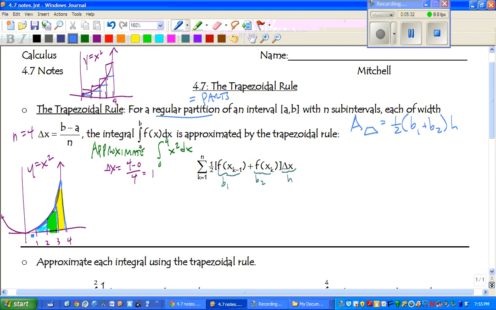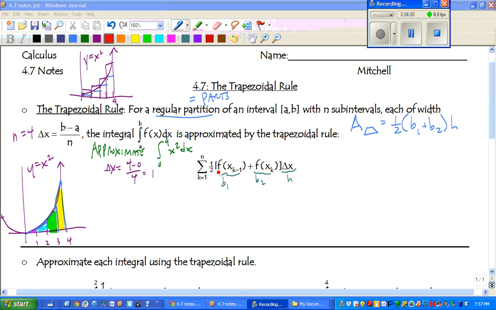And then 0 to 1, we actually end up with a triangle this time, which tends to happen on occasion. But that doesn't make any difference in our formula. It's still going to work out just fine. So we've got 4 so-called trapezoids, because this one is a triangle, and we're going to use those areas to approximate the area under the curve.